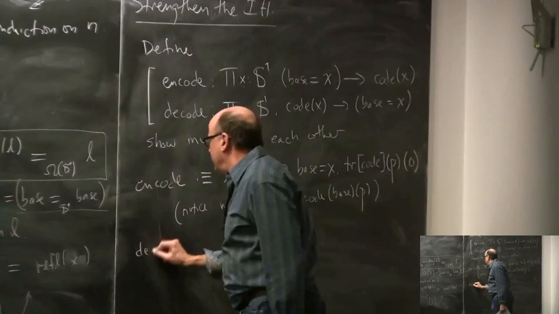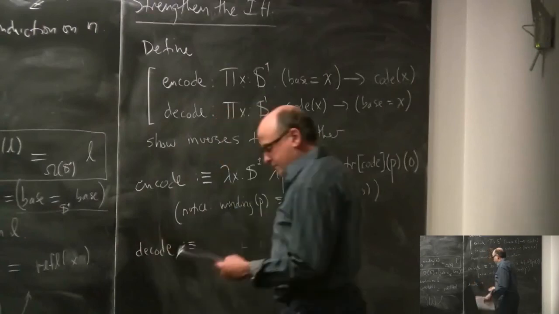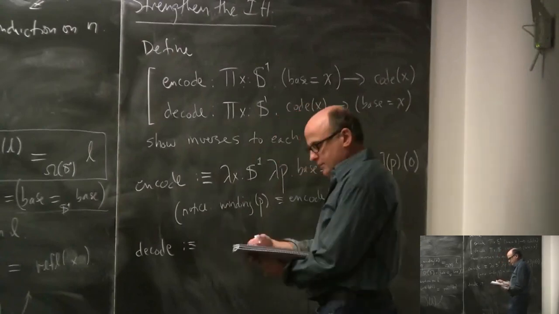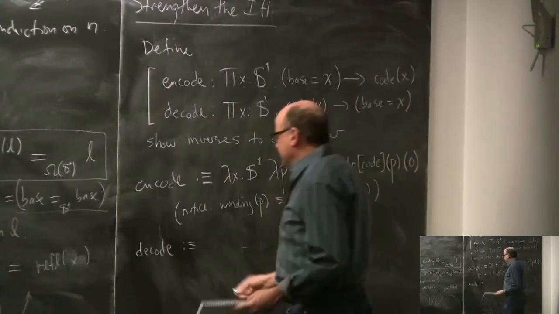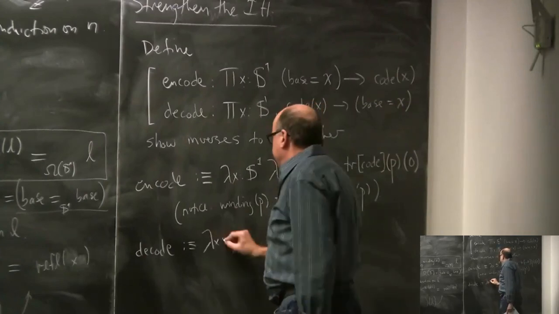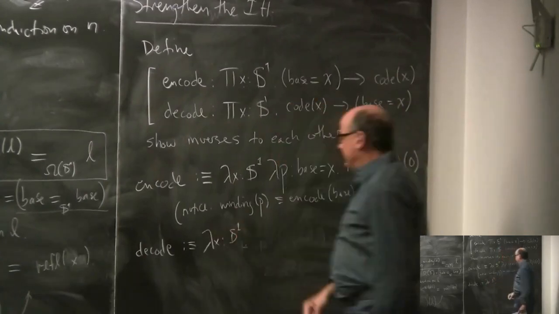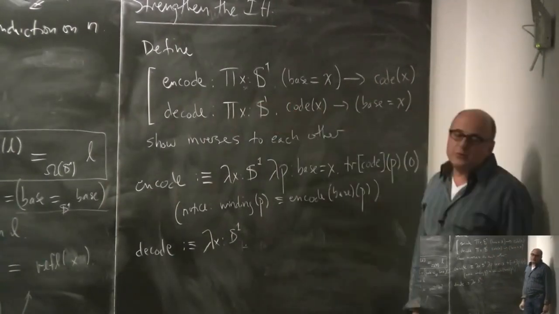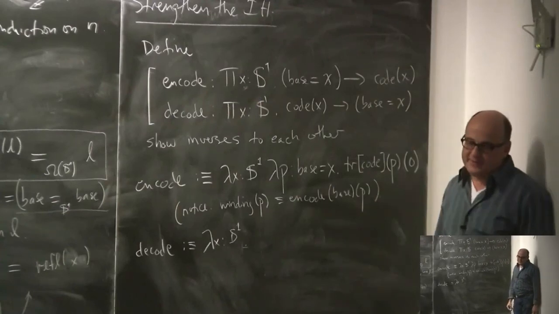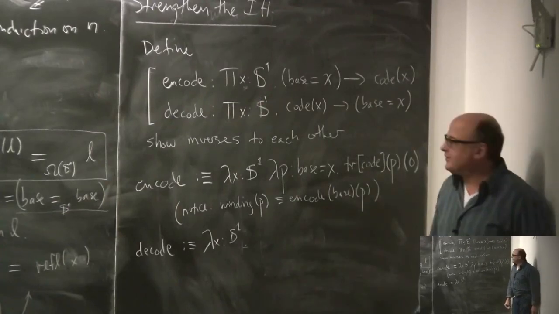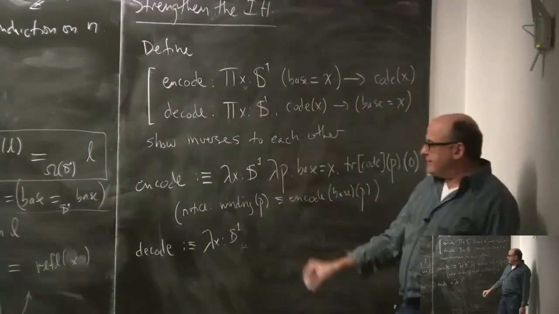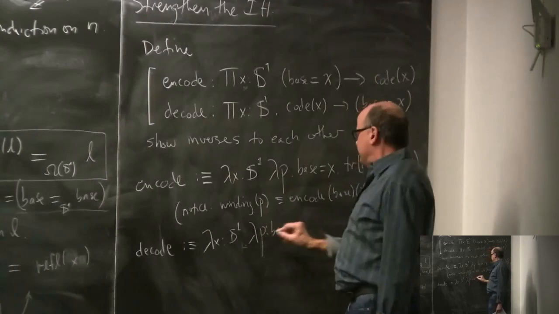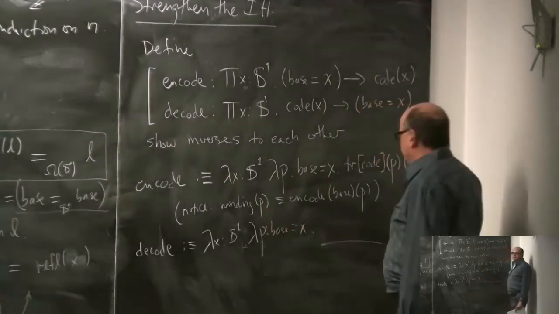And then for decode, which goes the other way, what does decode do? Let's find this here. Oh yes, this is a little tricky. This is the kind of thing that comes up a lot, even in functional programming settings. Like with GADTs in Haskell, which is based on the following mistake. The idea is that you might think, oh, I'll just blithely go lambda x, lambda p, base equals x. That's what this is, and then figure out what to do here.